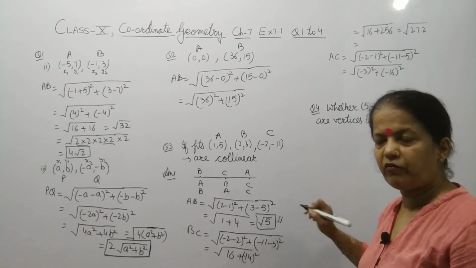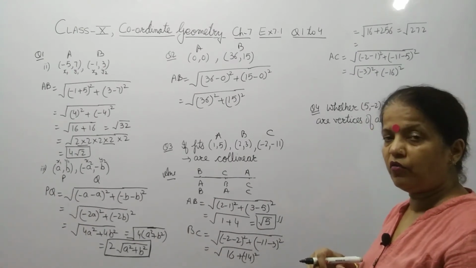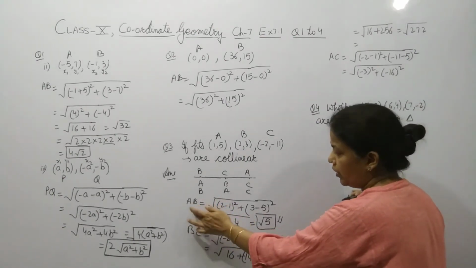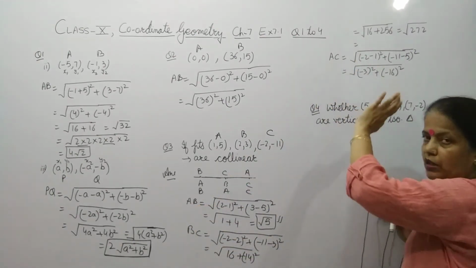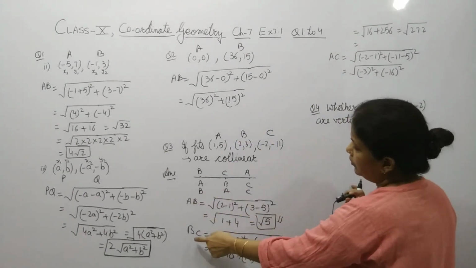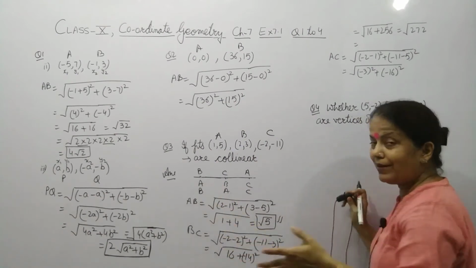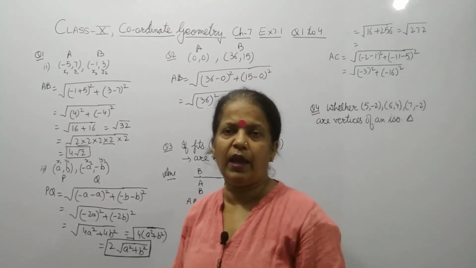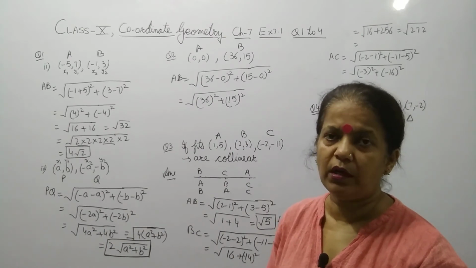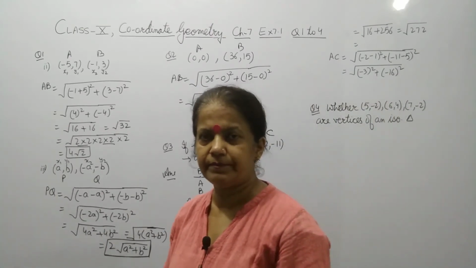And then you will see whether the sum of any two, this plus this equals to this, or this plus this equals to this, or this plus this equals to this. अगर है then you will write it, it's collinear. Otherwise you will write it, it's not collinear.